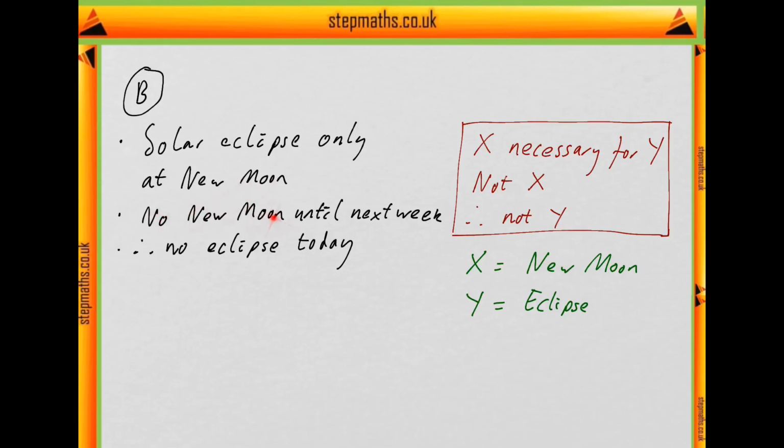And that's good. It says there's no new moon until next week. So in particular, there's no new moon at the moment. And then we're looking for the last part to be there's no eclipse, and that's also what it says. It says there's no solar eclipse today. So it looks like this does have the right form. But let's just quickly check the other answers.